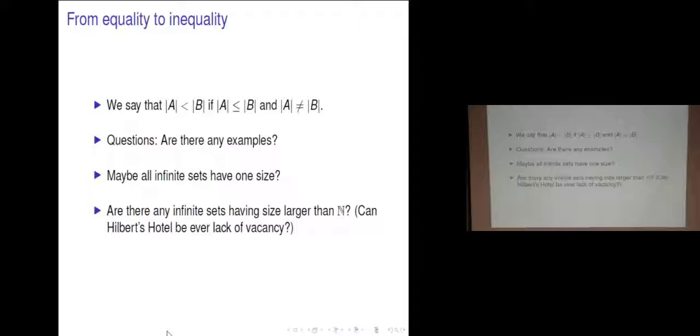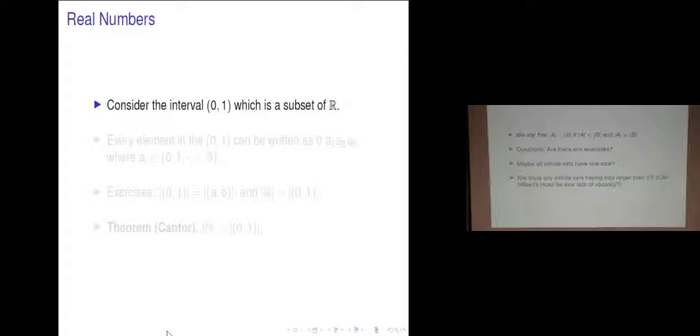Okay. So the question for you is, is there only one size of infinity? No, but it takes an even harder, clever argument to show this. The answer is the size of real numbers is larger than the size of natural numbers. So let's consider the interval 0, 1, which is a subset of the real numbers.